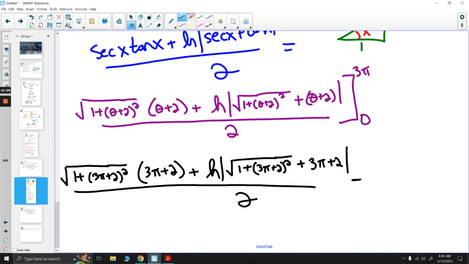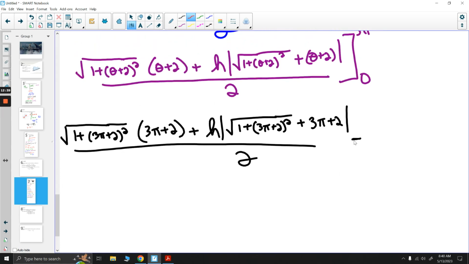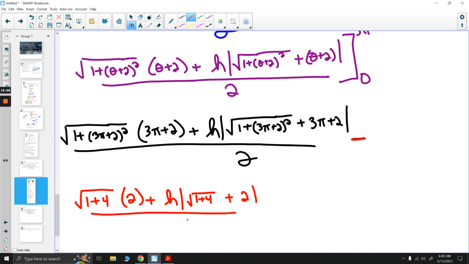Let's think about this one here. So 0, okay, it's not. Okay, fair enough. I will probably extend this down. So let's now look at the 0 portion of it. So it's minus. Now let's plug in the 0 into this. On the bottom, square root of 1 plus 2 squared is square root of 5, times 2, plus natural log absolute value of square root of 1 plus 4, plus 2, all over 2.